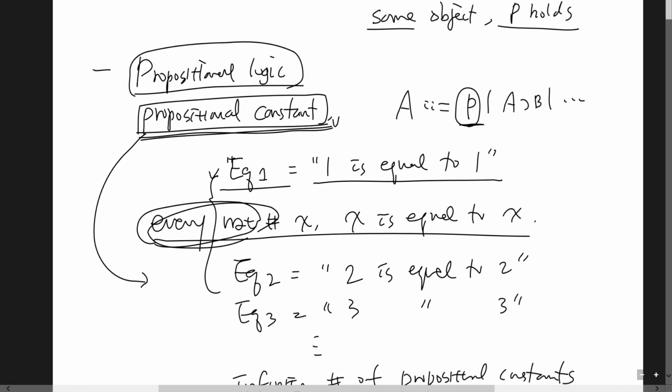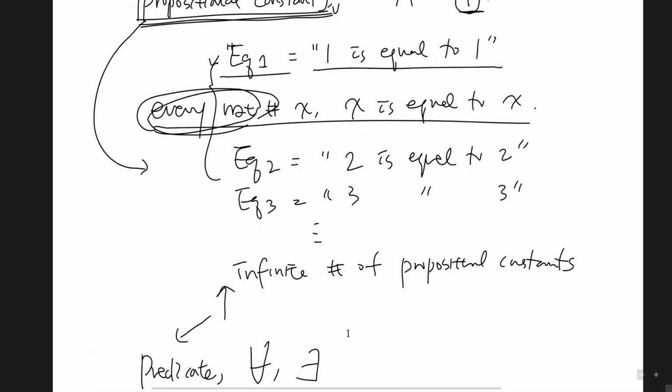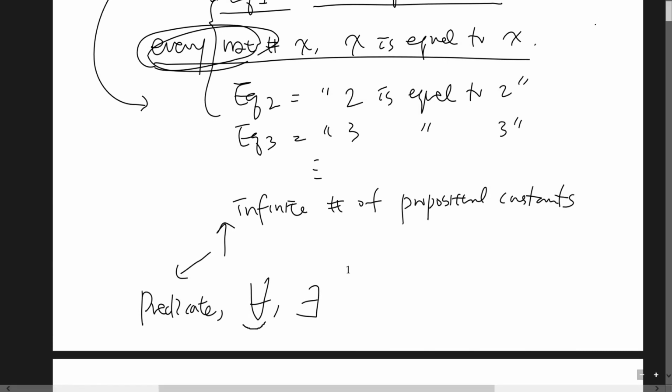And when we'd like to discuss the properties of many objects, we have to introduce lots of different propositional constants, which is quite impractical. So therefore, we introduce these for all and exists quantifiers along with these predicates, which gives rise to first order logic.